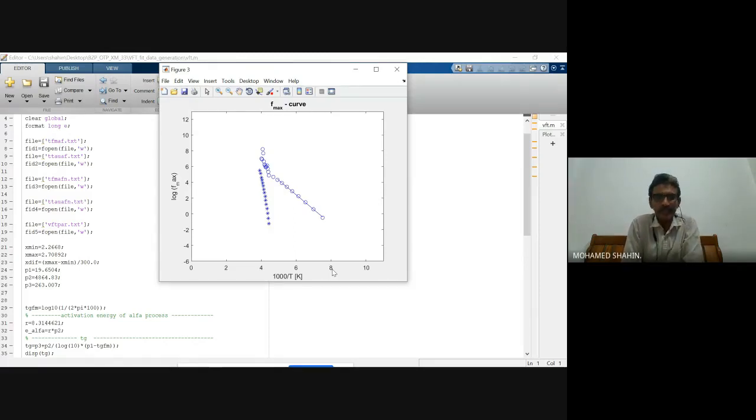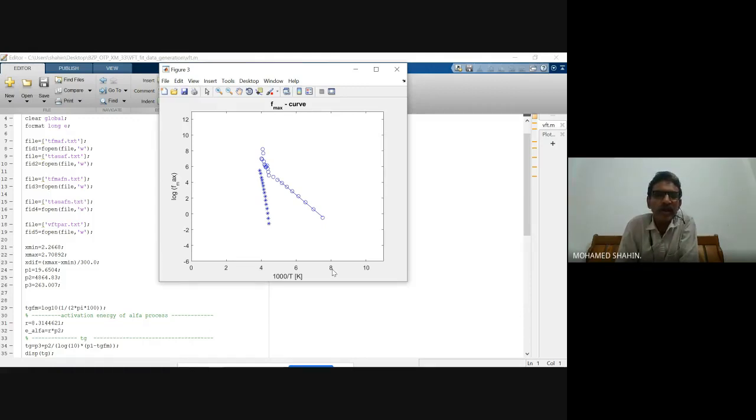You may ask why. Because if it is 1 by T, it will be something like 100 Kelvin, and 1 by 100 is 0.001. So that is not meaningful for visualization. If it is between 0 to 10 or 0 to 5 or something like that, that would be more visually appealing. That is why we multiplied by 1000.